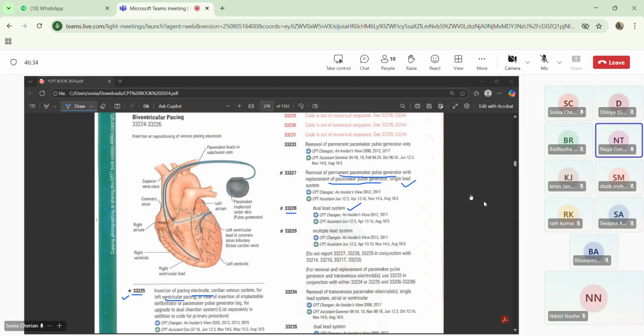Ma'am, there is no dual chamber pacemaker mentioned in the question, right? How will you identify that it is a dual lead system? Is that so? Repeat.